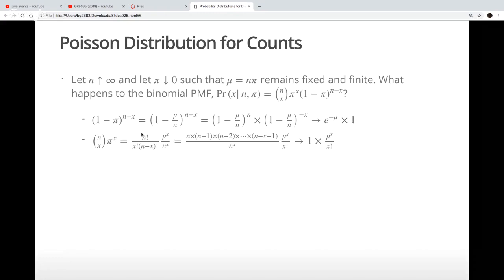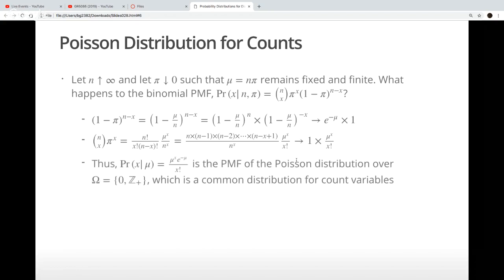So the (n minus x) factorial is going to cancel with most of the terms in the n factorial. The ones left over are n times (n minus 1) times (n minus 2), etc., to (n minus x plus 1). And so the numerator is going to be a polynomial in n, where the leading term is n to the x. And in the denominator, we also have n to the x. So as n goes to infinity, that approaches 1 from below, leaving the piece on the right, mu to the x over x factorial.